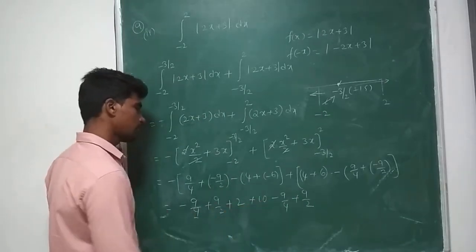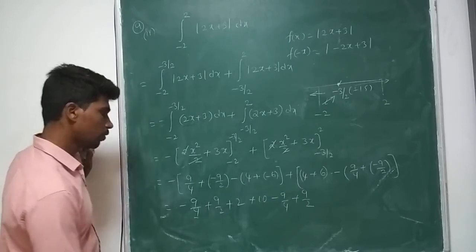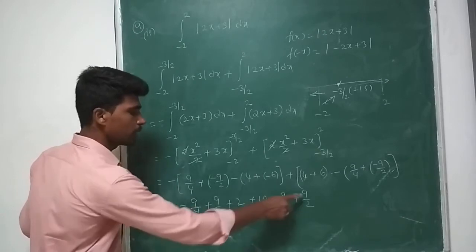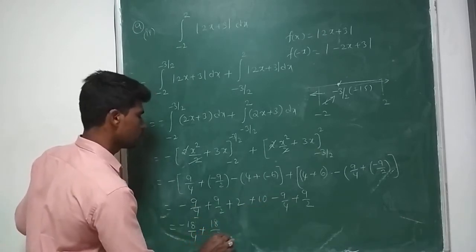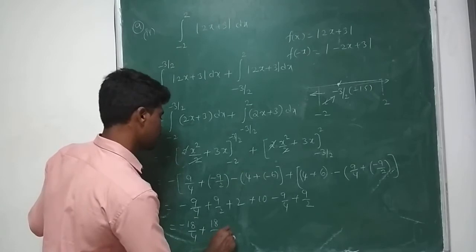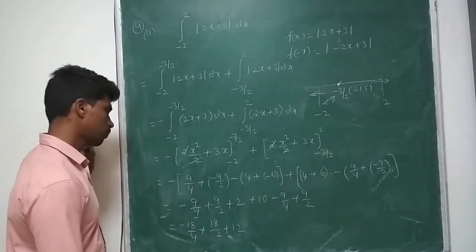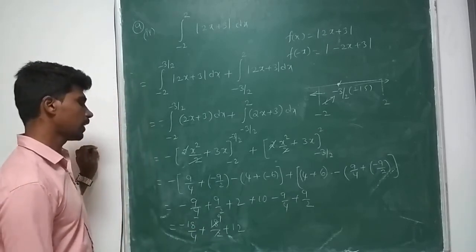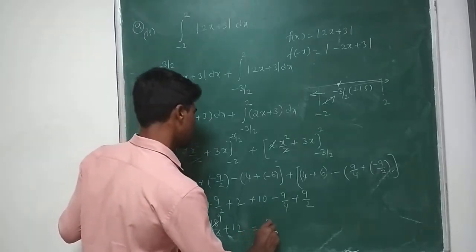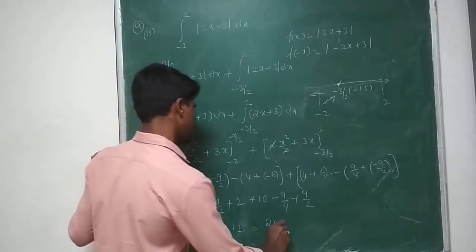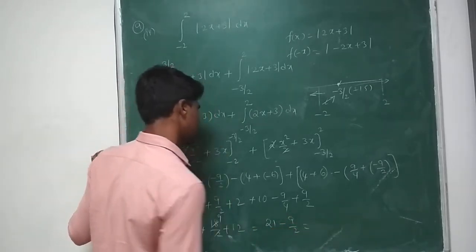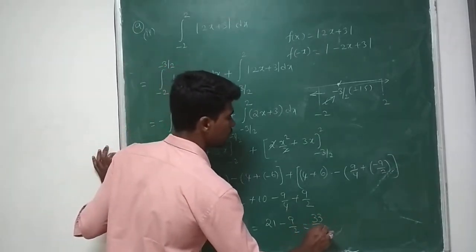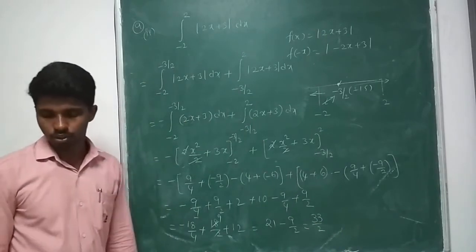Minus 9 by 4 minus 9 by 4 is minus 18 by 4. 9 by 2 plus 9 by 2 is 18 by 2, 2 plus 10, 12. So what do I get? 2 1s are 2, 9s are 12 plus 9, 21. 21 minus 9 by 2, 42 minus 9, 33. So I get the answer 33 by 2.